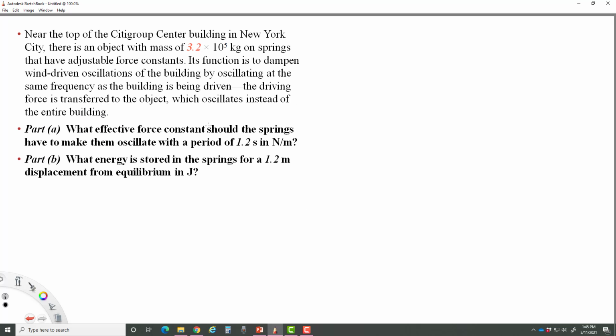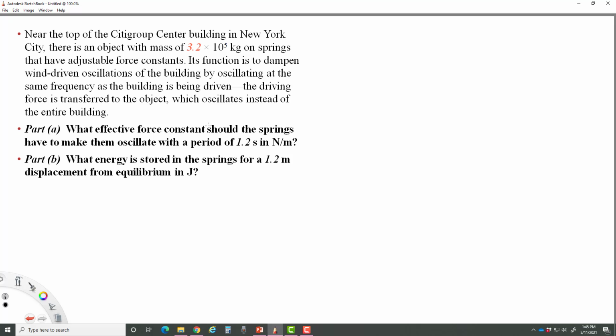Near the top of the Citigroup Center building in New York City, there is an object with mass of 3.2 times 10 to 5th kilogram on springs that have adjustable force constants. Its function is to dampen wind-driven oscillations of the building by oscillating at the same frequency as the building is being driven.